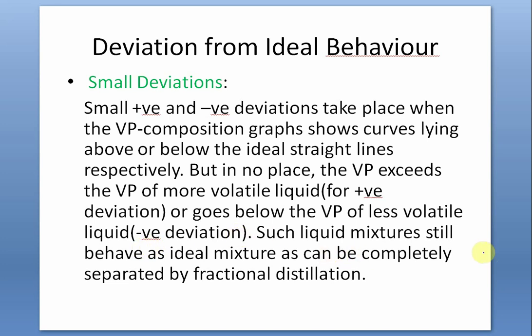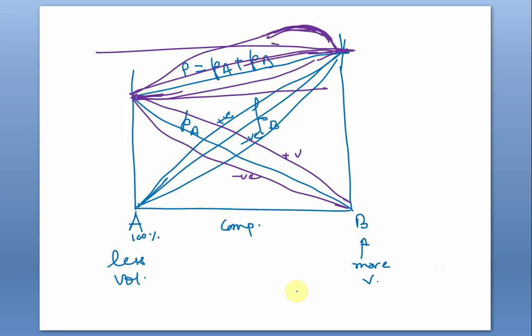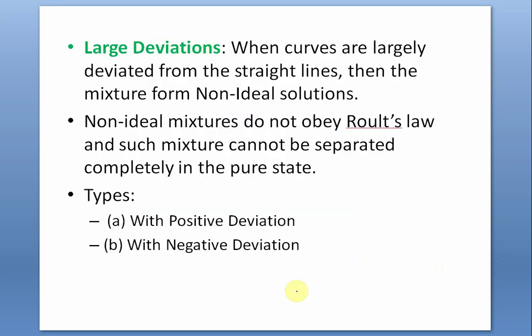Such liquid mixtures still behave as ideal mixtures, as they can be separated completely in a pure state by fractional distillation. Now, when the deviations are large, when curves are largely deviated from the straight lines, then the mixture forms non-ideal solutions.